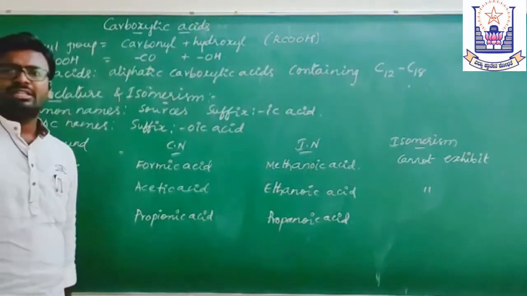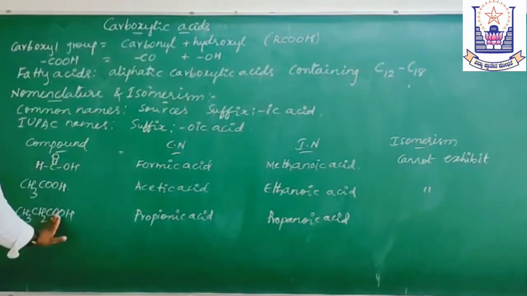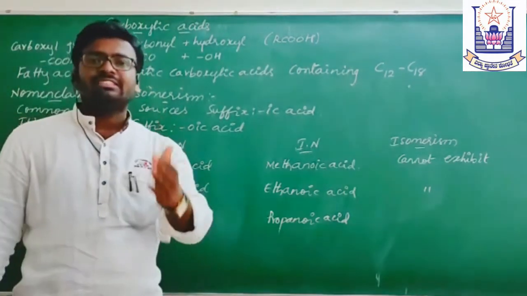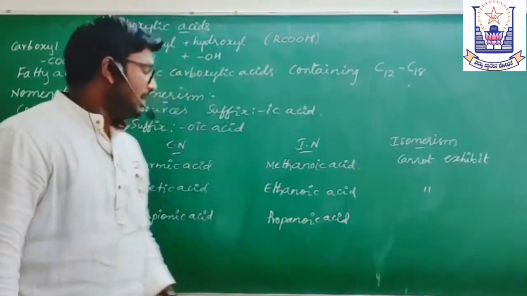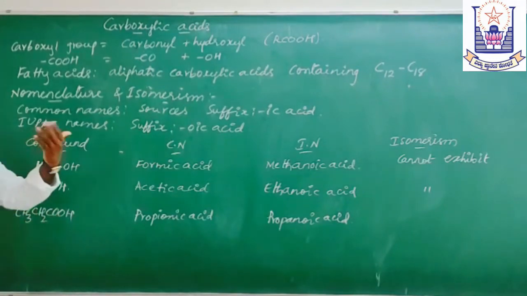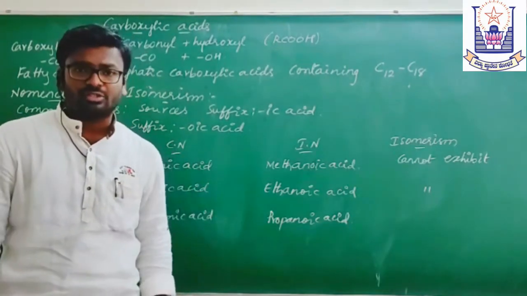Carboxylic acids with only one COOH group are called monocarboxylic acids. Monocarboxylic acids cannot exhibit position isomerism because it is a terminal group. When you take dicarboxylic acids, they will exhibit position isomerism.